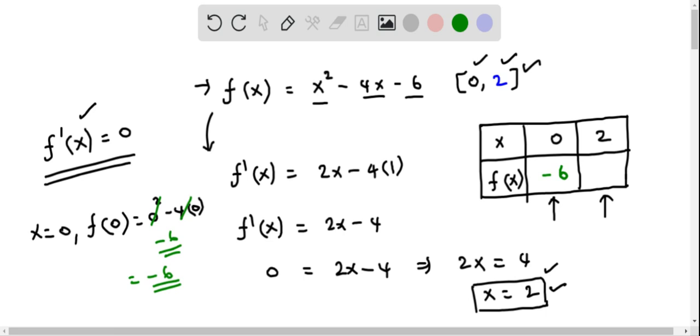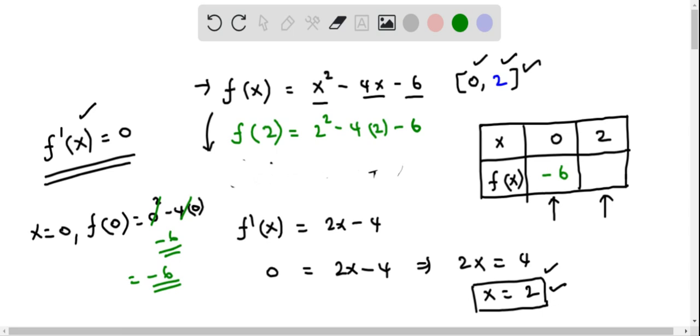Now we find f of x when x equals 2. So let's plug it into f of x. So I write f of 2, and this equals 2 squared minus 4 times 2 minus 6.